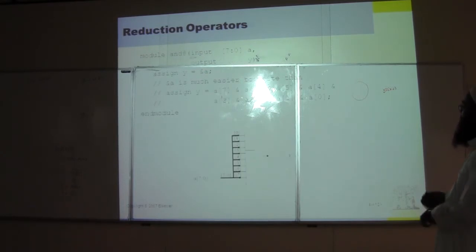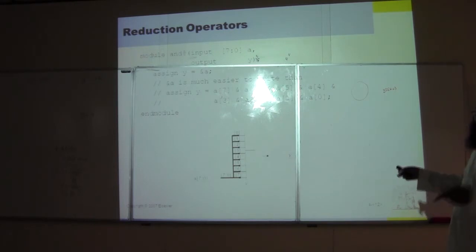Pictures are coming very bad here. Okay, here is another shortcut called the reduction operator. Say we want to design an AND gate with 8 inputs. Very big AND gate. So that's why the input is A, from 0 to 7. So you have A7, A6, A5, A4, A3, A2, A1, A0. 8 lines coming.